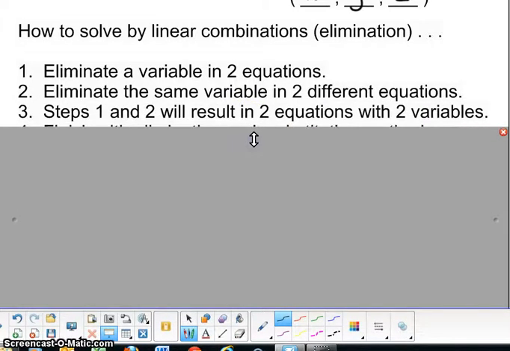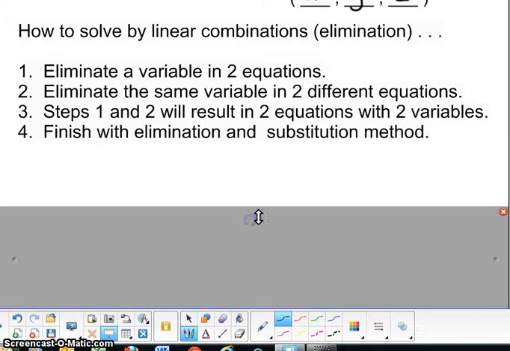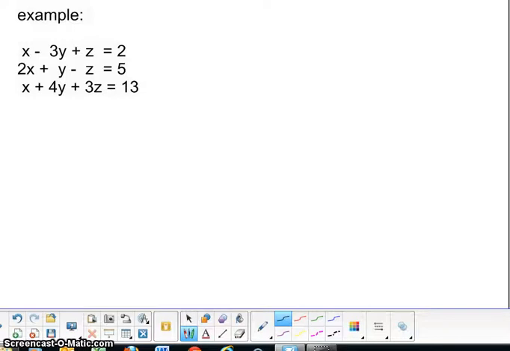Then we're going to take steps 1 and 2, because they're going to result in 2 equations with 2 variables. And then finish with elimination and substitution method. Push pause if needed. Alright, so for the first example, it looks like this.